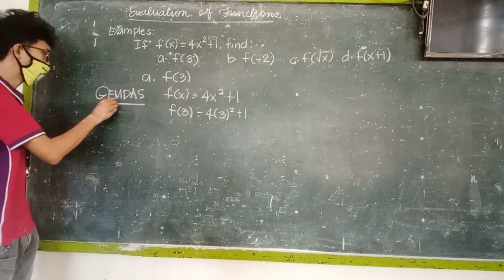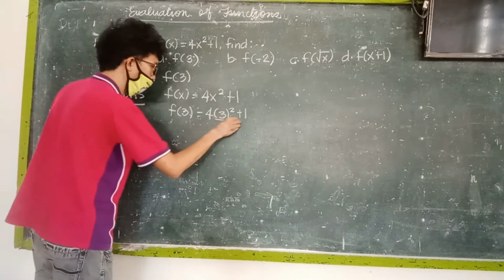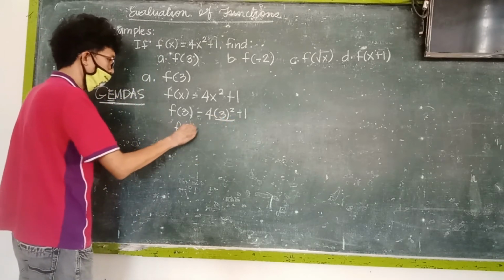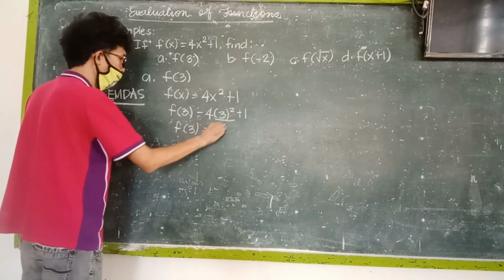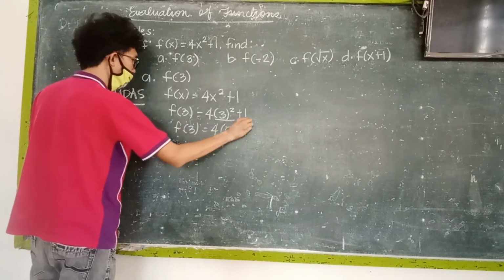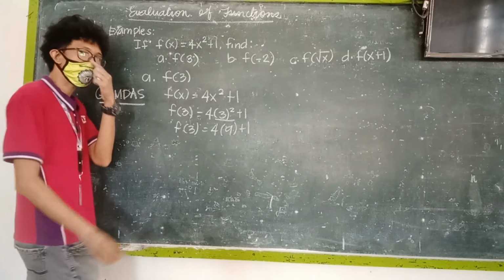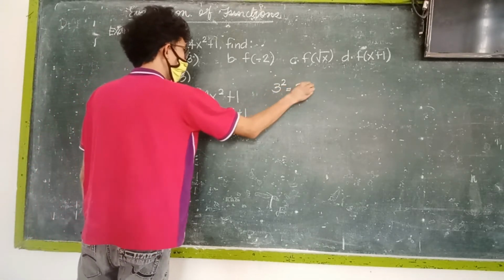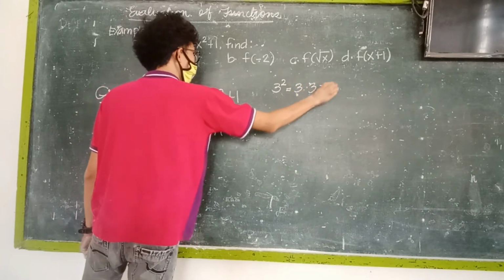So, mauuna ang exponent, so itong uunahin natin i-simplify. So, f of 3 is equal to 4 times 9 plus 1, since 3 squared is actually equal to 3 times 3, which is equal to 9.